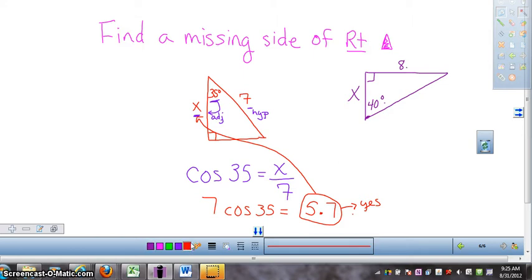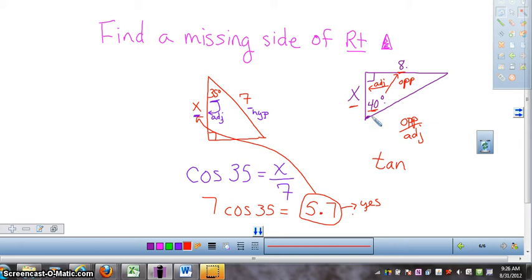So now I have a 40-degree angle, I have 8, and I have x. And remember, the key to getting these right is knowing how these three pieces of information are related. 8 is opposite of 40, x is adjacent. Do we have a trig function that's opposite over adjacent? Yes, we do. It's called the tangent.